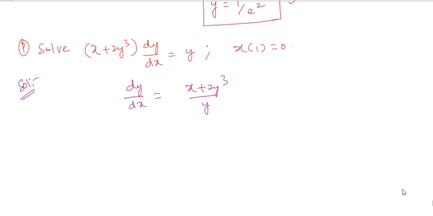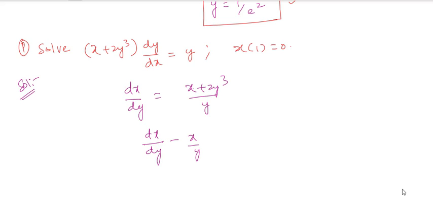Dy by dx is equivalent to y by x plus 2y cube, so simply write it reversely. Take dx by dy. So now it will be correct: dx by dy is x plus 2y cube by y. Now if I simplify it, dx by dy you can take as minus x by y.